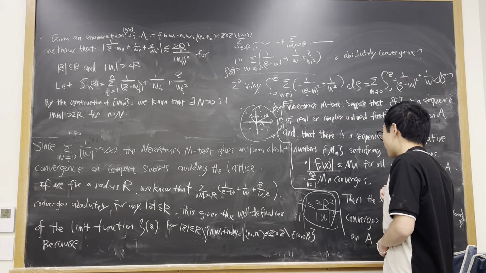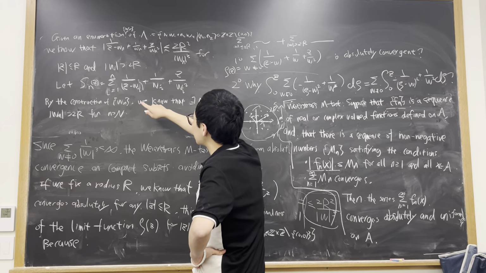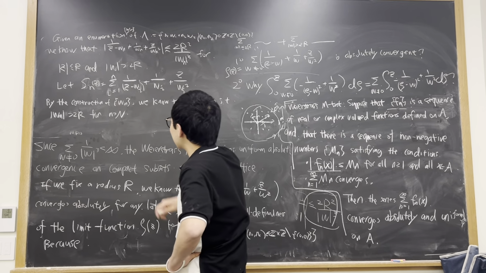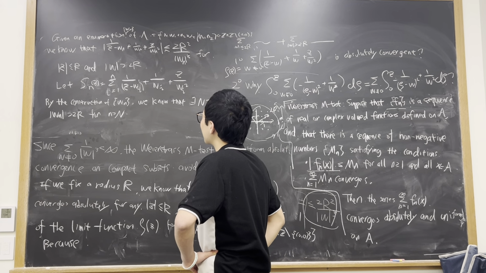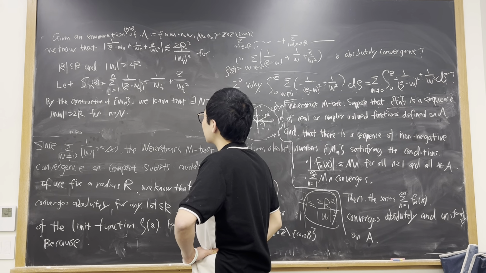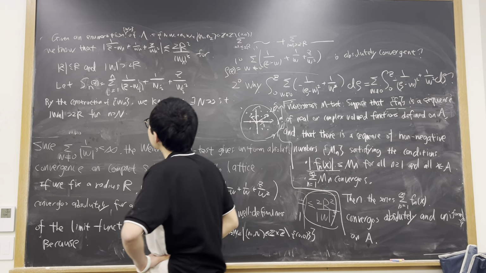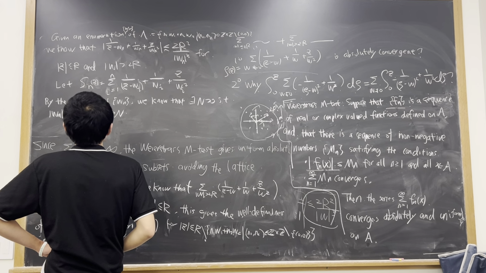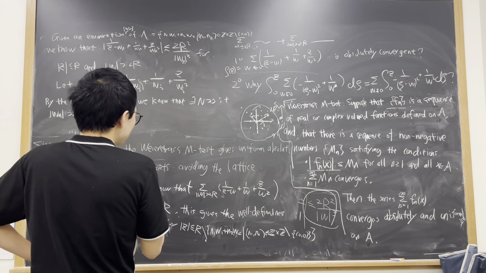So why is it a finite number? Because for each of the SNs, why do we have a bound for these SNs? Oh, actually, I think I'm wrong.